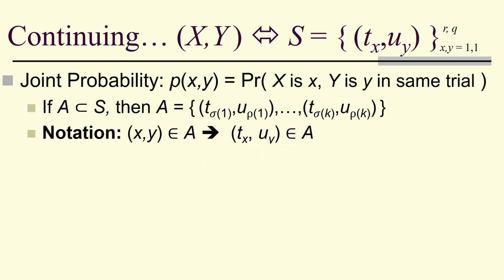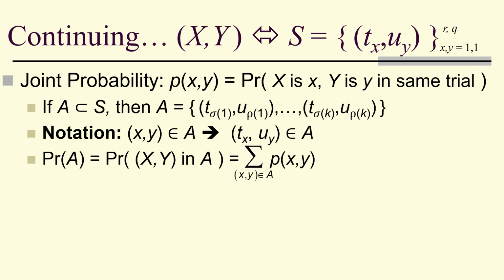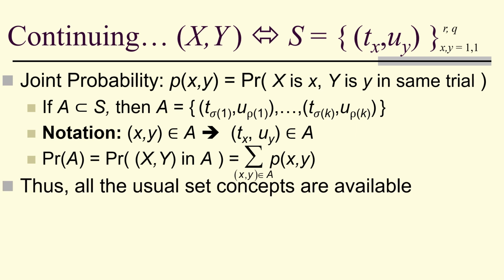Notationally, saying (x, y) is in A is going to be the same as saying (t sub x, u sub y) is in A. And look how this is going to simplify our notation. The probability of A is the probability of capital (X, Y) in A, and that's just the sum, using our new notation, of the pairs little (x, y) in A of P of (x, y).